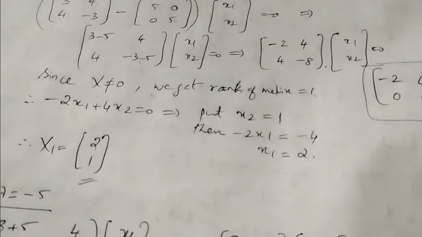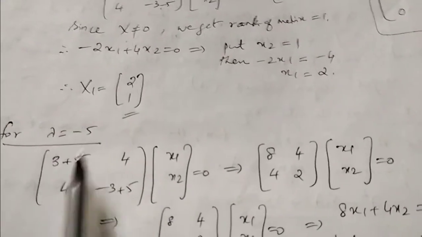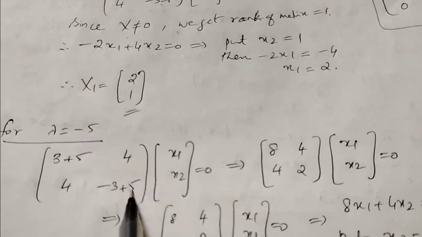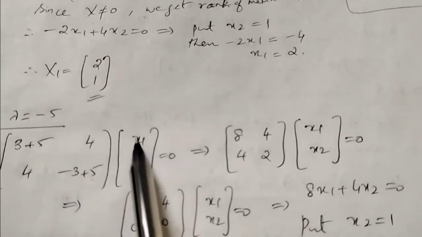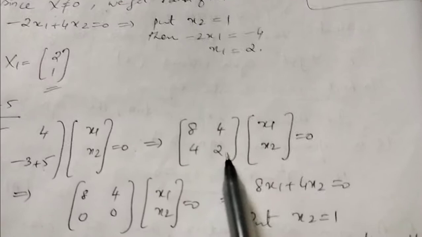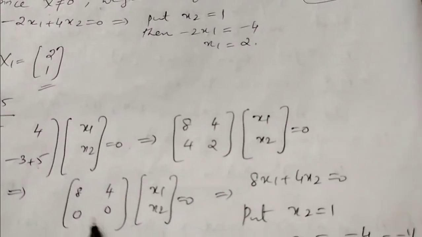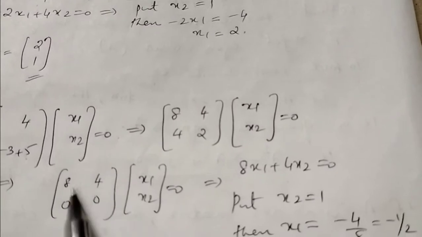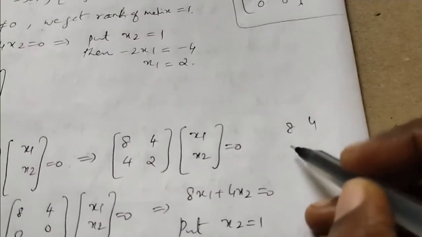Next for λ = −5. Similarly, subtract this lambda from the diagonals only. So 3 minus minus 5 is 3 plus 5, 4, 4, −3 plus 5, into [x1, x2] equal to 0. That is we get [8, 4; 4, 2]. These two rows are also multiples. So we can take any one of the rows, 8, 4 only, then 0, 0.